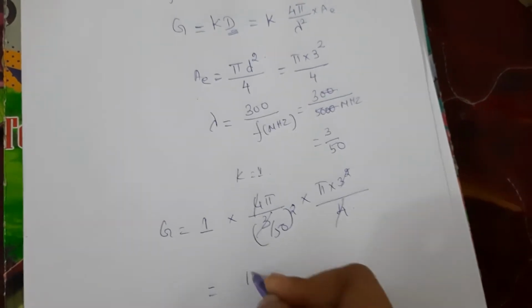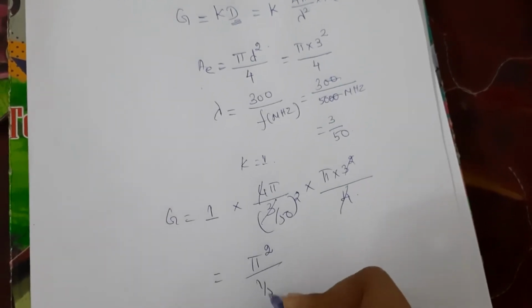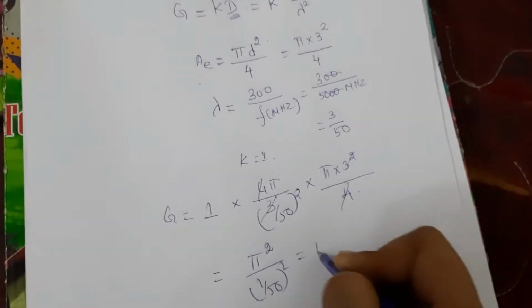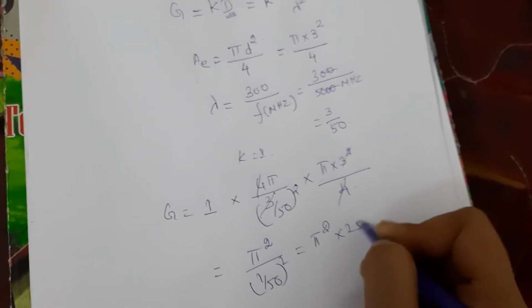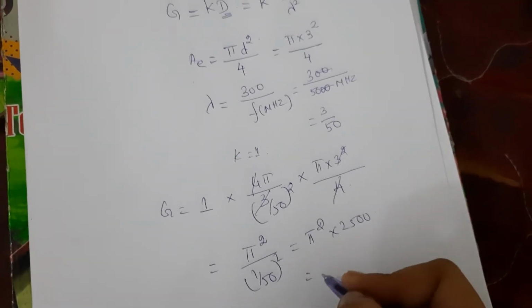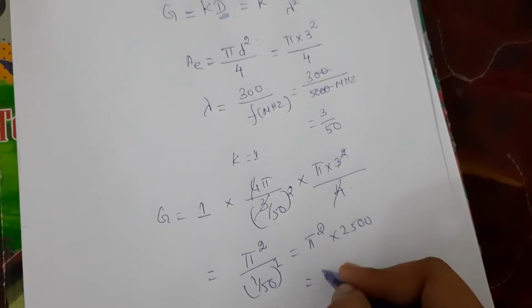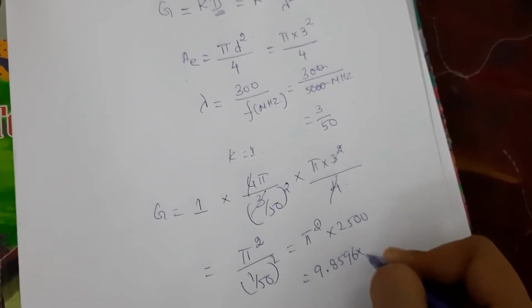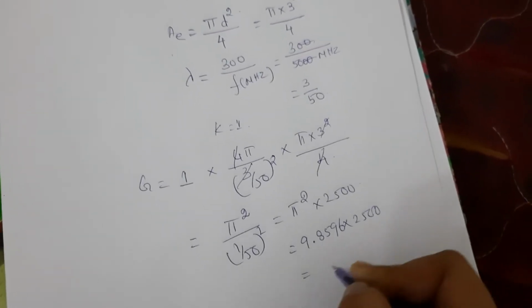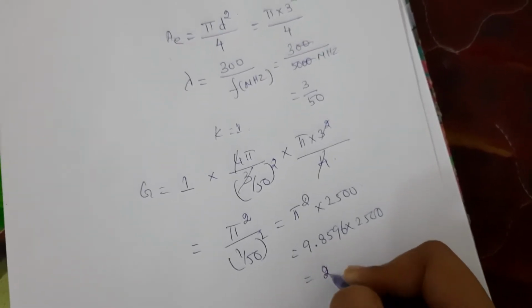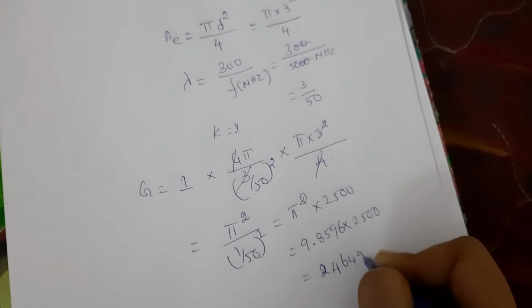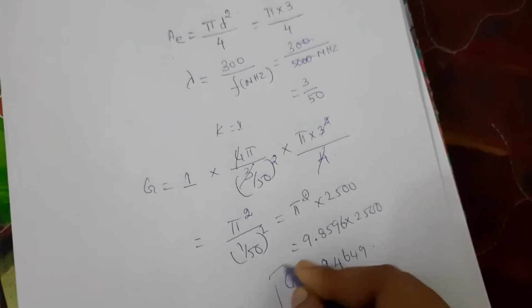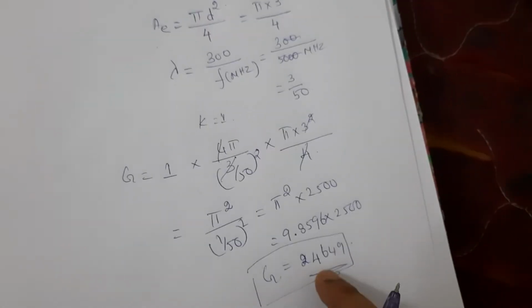So this becomes pi square divided by 1 by 50 the whole square, otherwise pi square into 2500. So put the value of pi square, that becomes 9.8596 into 2500. Multiplying this we will get 24649. So the gain of this antenna is equal to 24649.